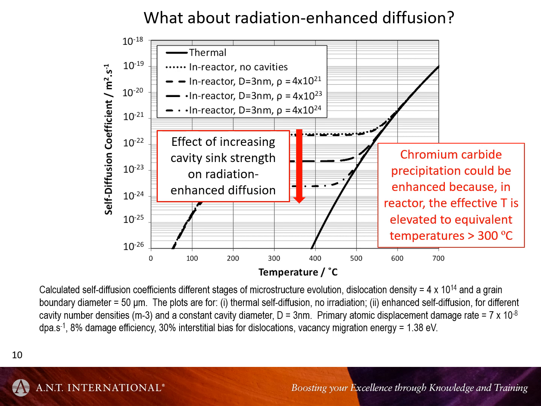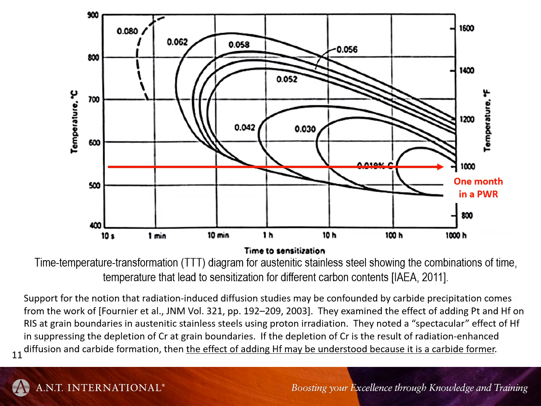It's as if you're, in terms of self-diffusion, it's as if you're holding the material at 500 degrees C or 550 degrees C. And under those conditions, 550 degrees C, it would only take 1 month in a PWR to start precipitating.